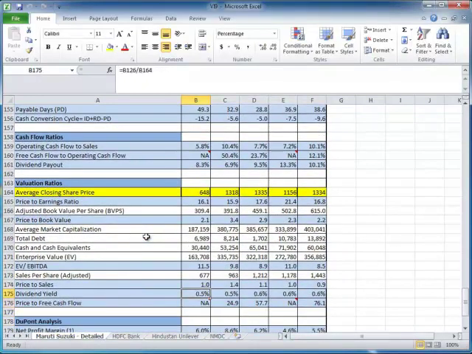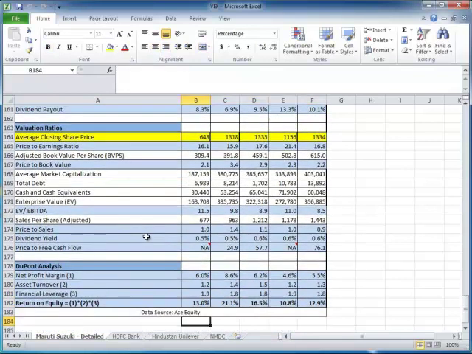So here we have quite a lot of them. We have the closing price per share, and this is the average closing price per share, with the price to earnings ratio, adjusted book value per share, price to book value, average market capitalization, total debt, cash and equivalents, enterprise value, EV over EBITDA, sales per share, price to sales, dividend yield, and price to free cash flow.